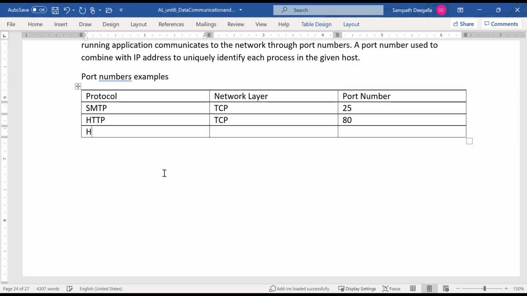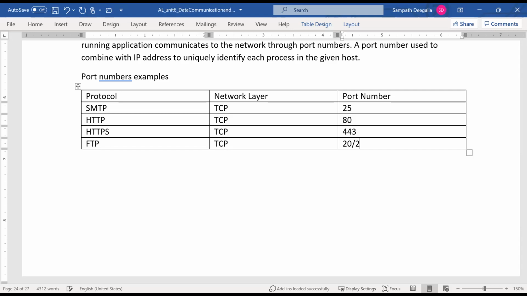Then HTTPS, Hypertext Transfer Protocol Secure, again TCP, the port number is 443. Then File Transfer Protocol, especially when you want to send and receive huge data. Again, this is TCP.